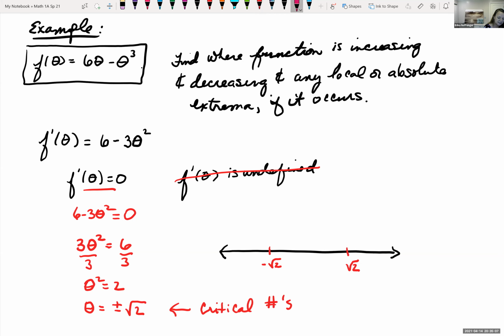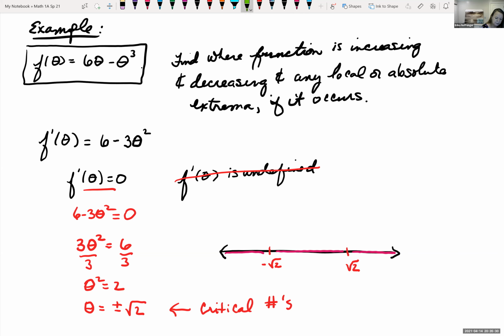So we want to test a number to the left of negative root 2, something in between negative root 2 and positive root 2, and something bigger than root 2. Never plug in the critical number. We're just testing each interval on a side of a critical number. So in this case, we have 3 intervals we have to test.